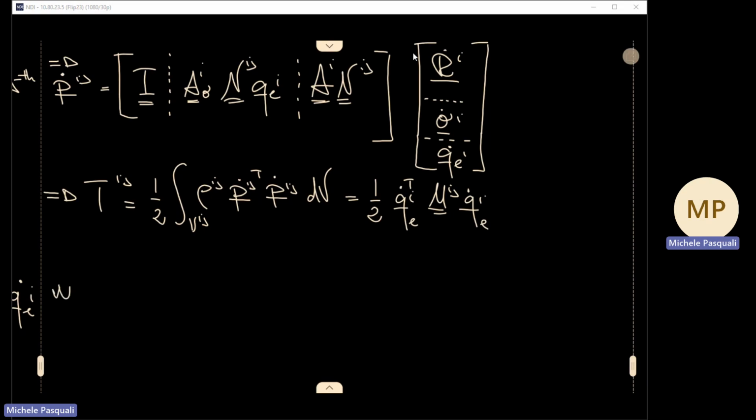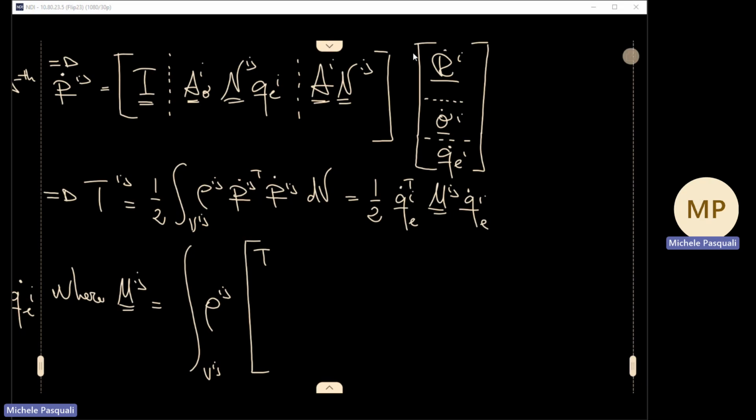Where, therefore, M I J in the 2D case becomes the integral over V I J of rho I J of this matrix here, applied over its transpose.